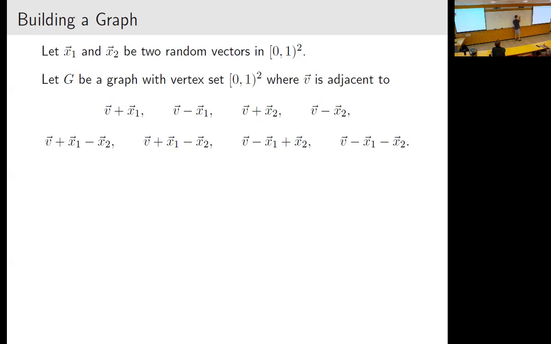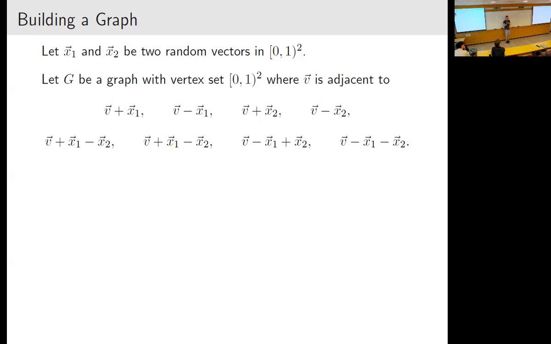Let's say v is adjacent to v plus x1, and also to v minus x1, v plus x2, and v minus x2. If these were all the edges, then continuing outward I would just have a grid, where this would be v minus x1 plus 2x2.